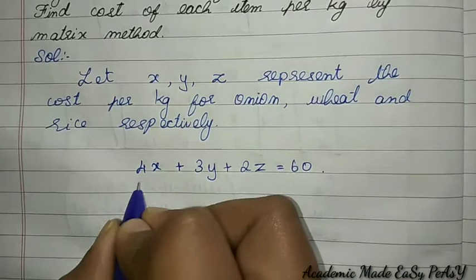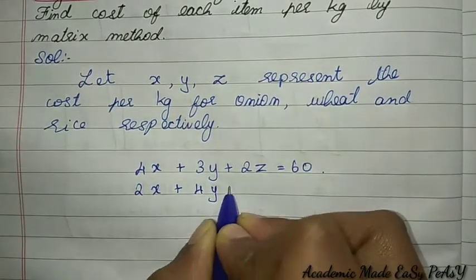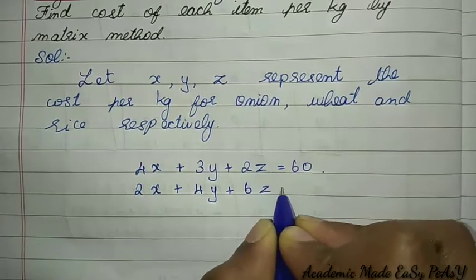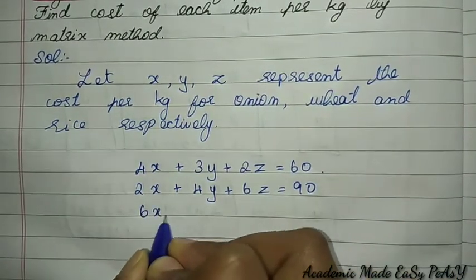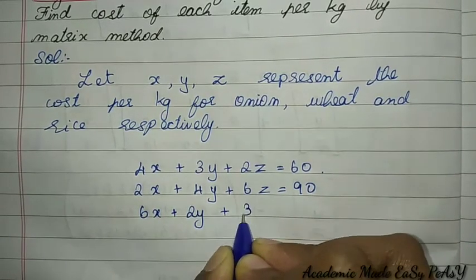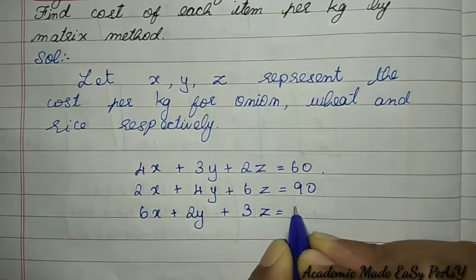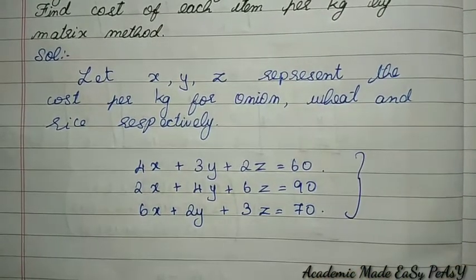Next, 2 kg of onion plus 4 kg of wheat plus 6 kg of rice is equal to 90 rupees. 6 kg of onion plus 2 kg of wheat plus 3 kg of rice is equal to 70. So these are the 3 required equations.